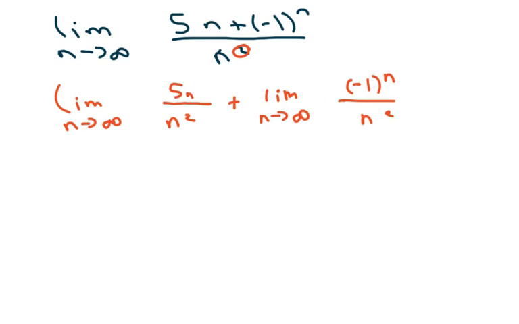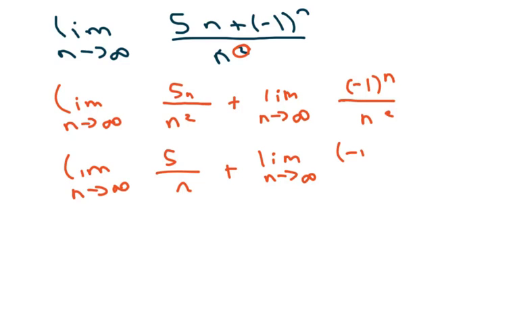If I clean this up, you get the limit as n approaches infinity of 5n over n squared, which is 5 over n, plus negative 1 to the n over n squared. Basically we already know that the first part equals 0. So we get 0 plus this.